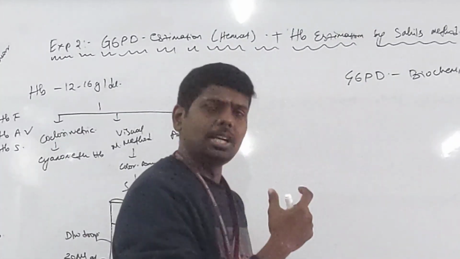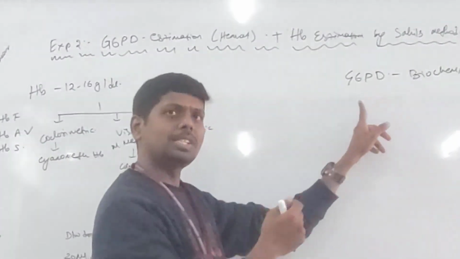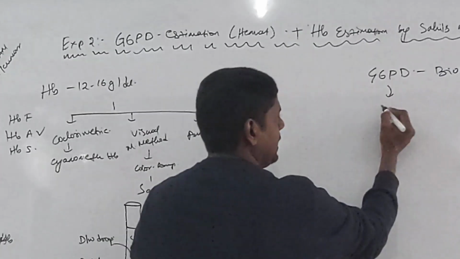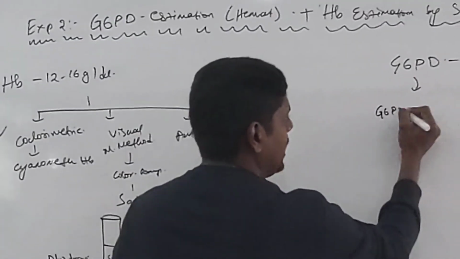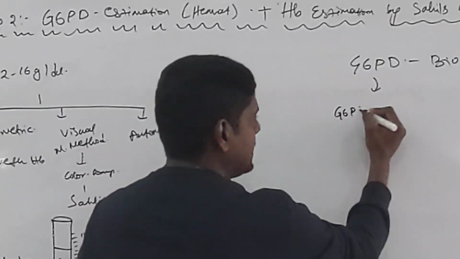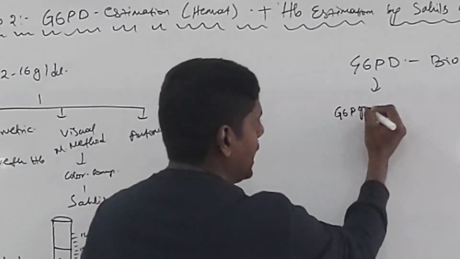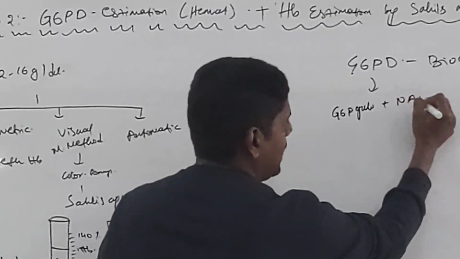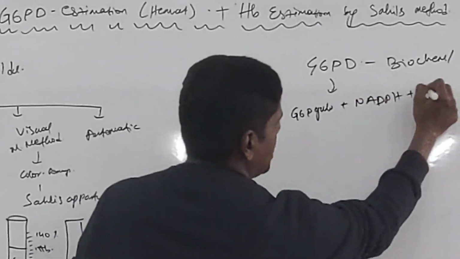Yeah. In hematology, we are detecting G6PD because this G6PD will convert glucose 6-phosphate into gluconate, that is an acid, gluconate plus NADPH plus H plus.